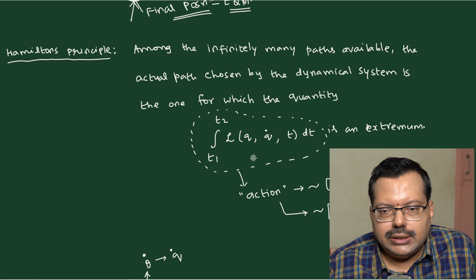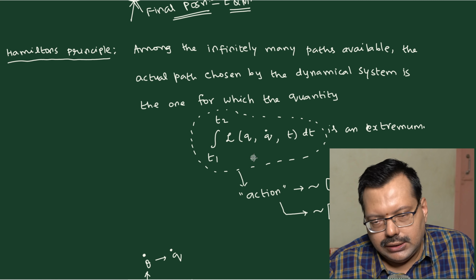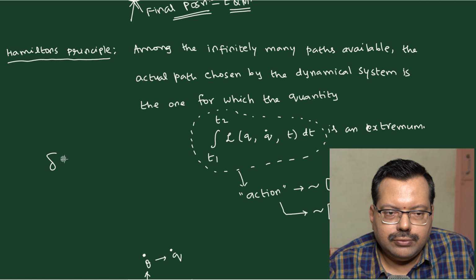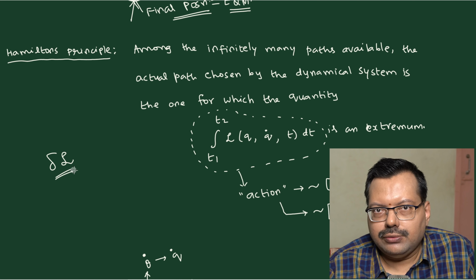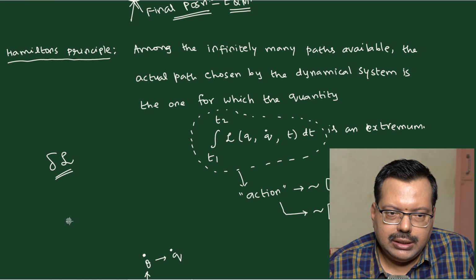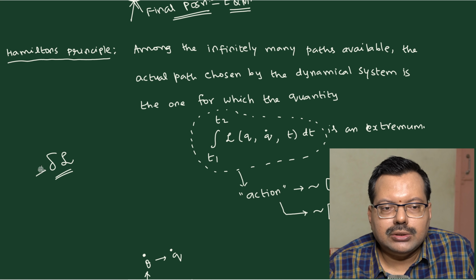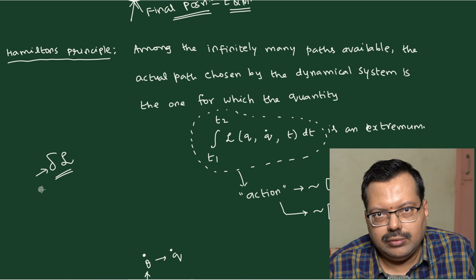That is the thing, and we will see in the next class how to write down the delta of L. Just now I said that delta of L means the variation of the Lagrangian. So we will write down the expression for delta of L. By writing that, we will be able to get an equation, ultimately a differential equation, because delta represents a derivative, right?